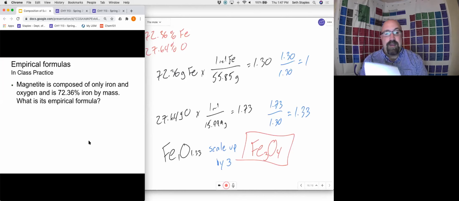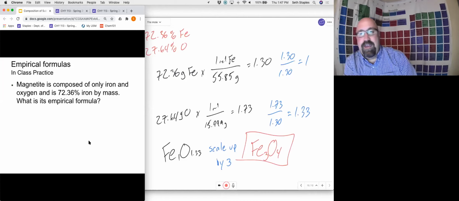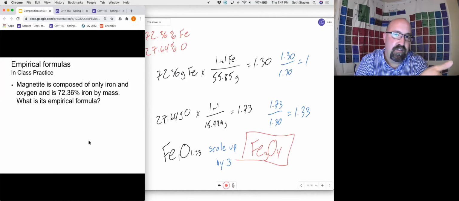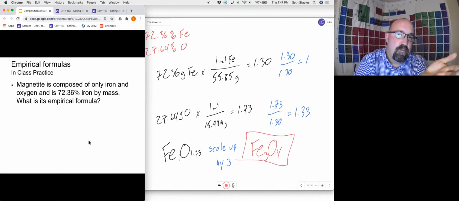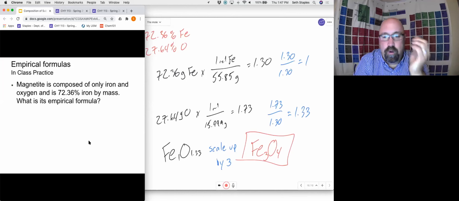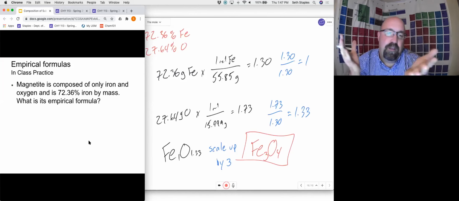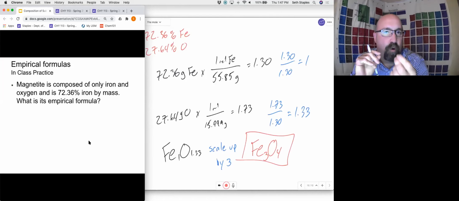Now, you might sometimes find these mole ratios, you could very well come up with something like 5.98, then okay, you're just going to round that to 6, or 1.97, that's going to round to 2, or 5.02 will round to 5. It's things like that that are really close to a whole number.